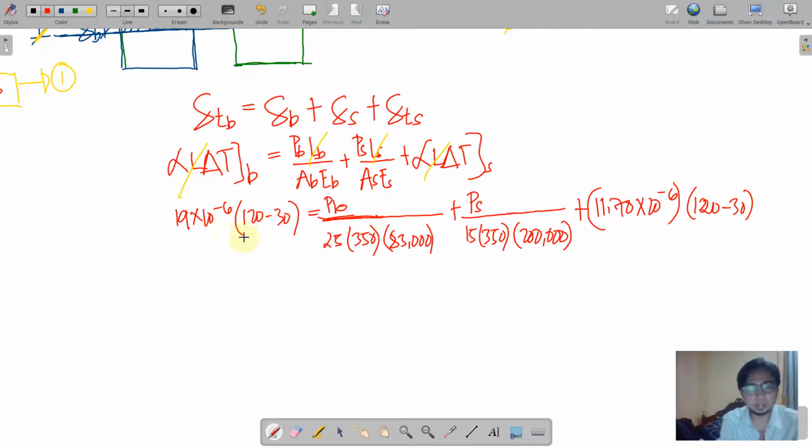So as we can see, we have two unknowns for this equation. All we need is to relate the relationship between the P of bronze and the P of steel by simplifying this equation. So before we do that, of course, we need another equation so that we can express PB in terms of PS.